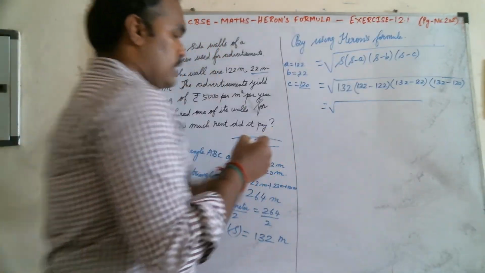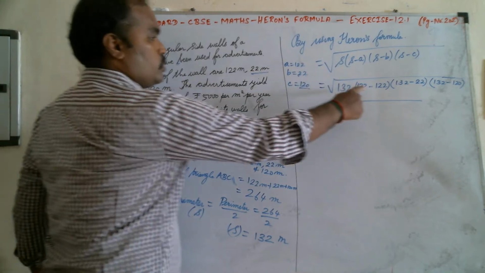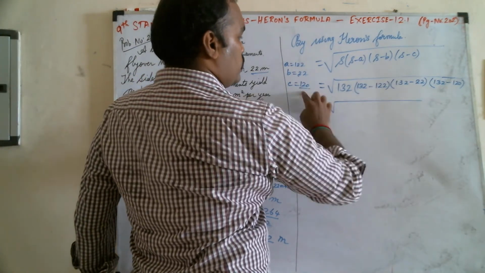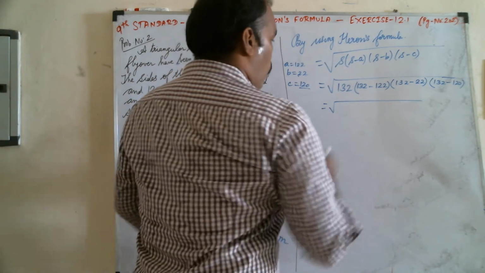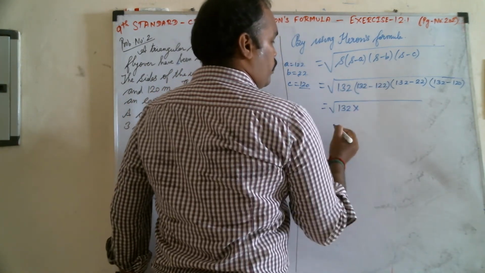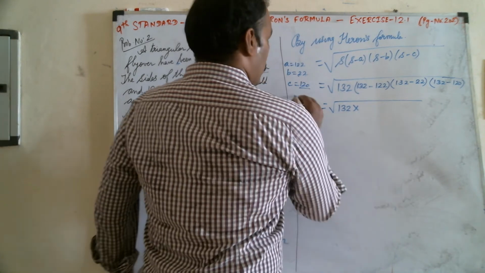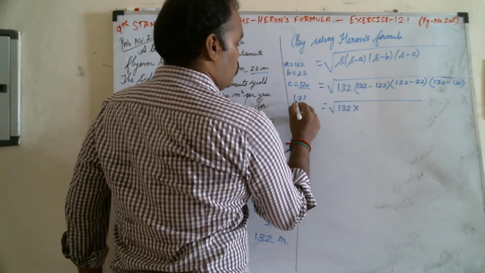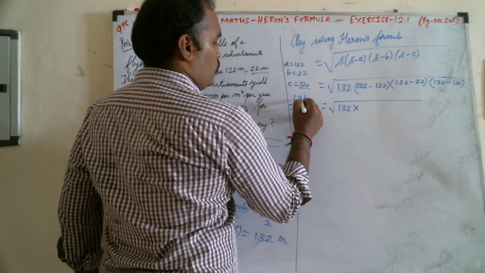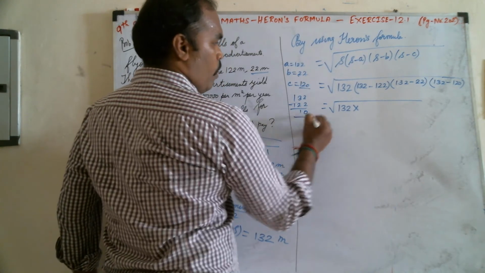Now a value is 122, b value is 22, c value is 120. Now 132 minus 122 is how much? 2 minus 2, 0. 3 minus 2, 1.